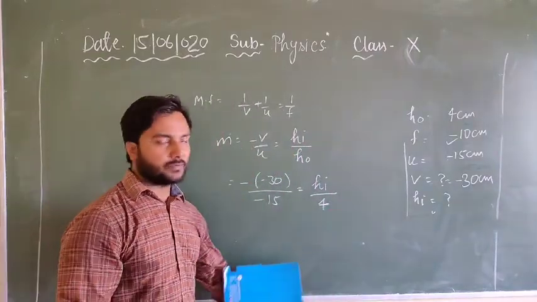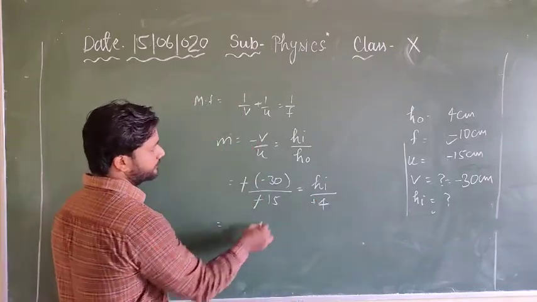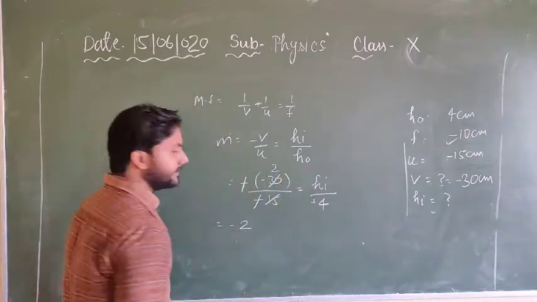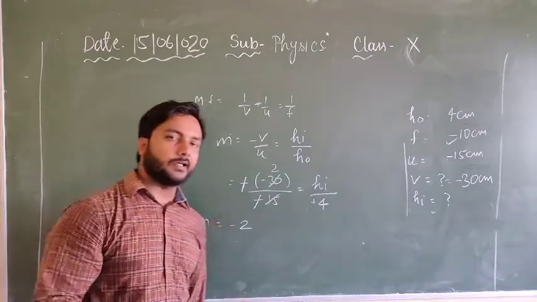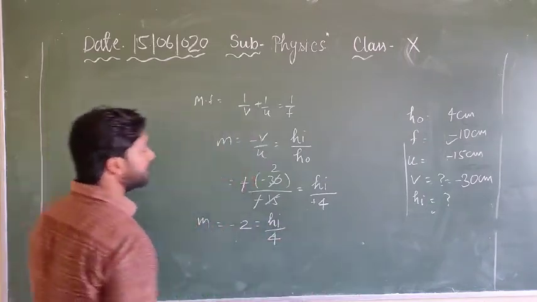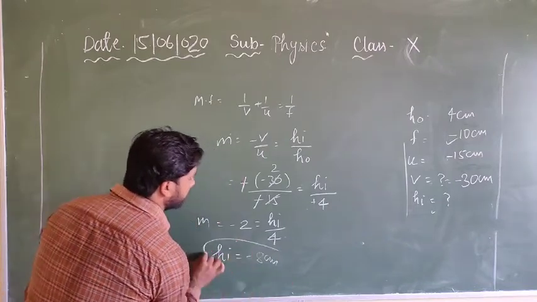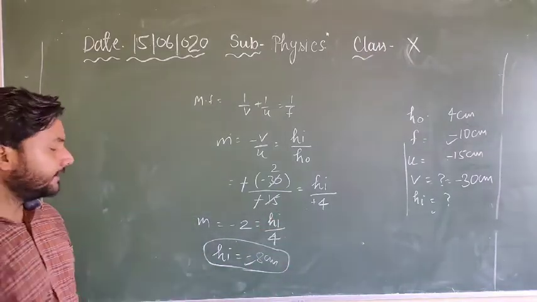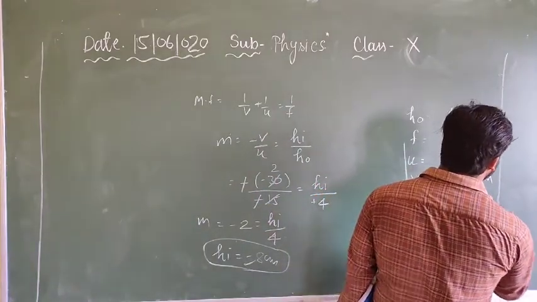In the previous question, I have told you why this is positive value. Same as before, magnification is minus 2. This minus sign in magnification indicates that the image formed is real and inverted. Okay. Now the height of image is equal to minus 8 centimeter. I have told you the significance of minus in the height of image.